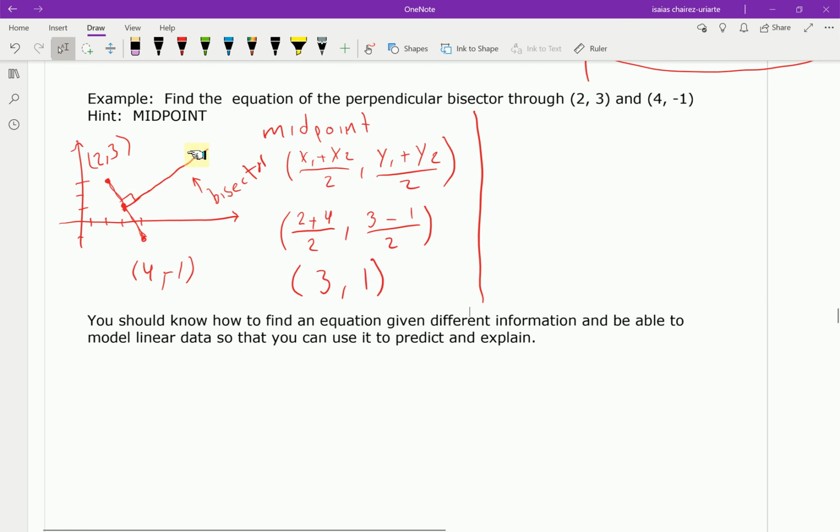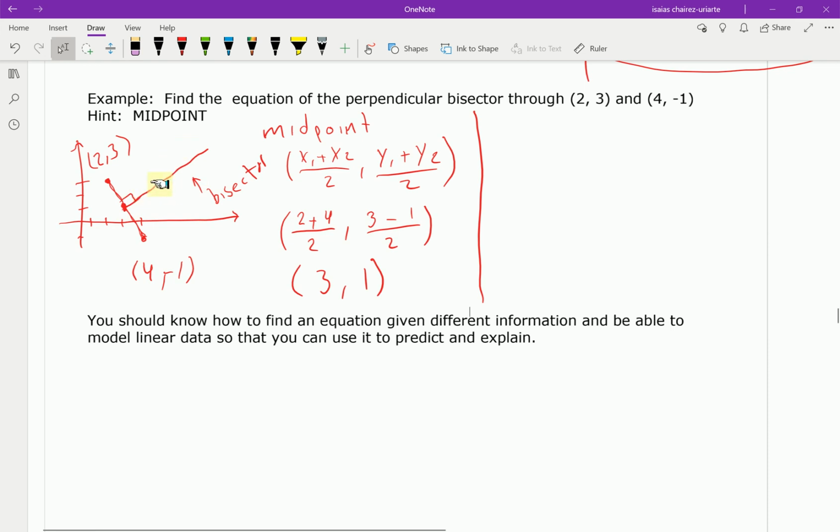In order to find it, we need its slope and a point that passes through the bisector. Well, we already have a point. The point 3, 1 is on the perpendicular bisector. We just need to find the slope of this line.